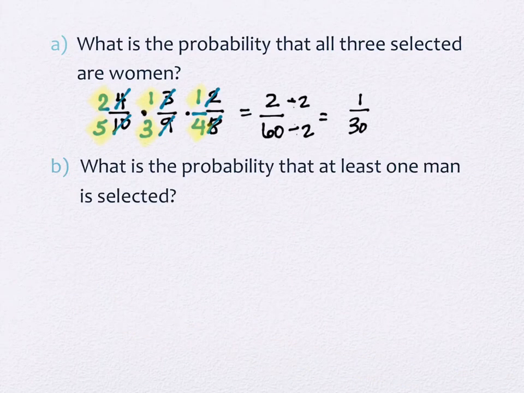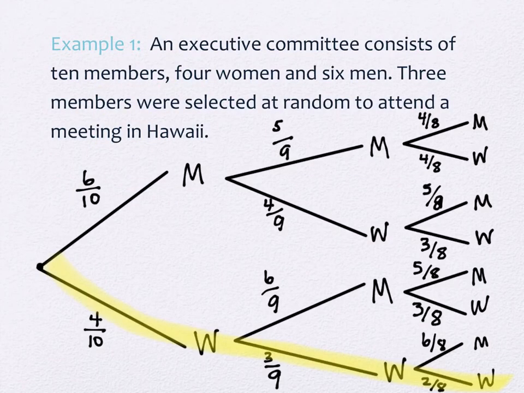Okay, there's one more question that is asked here, part B. It says, what is the probability that at least one man is selected? So take a look back at your diagram.